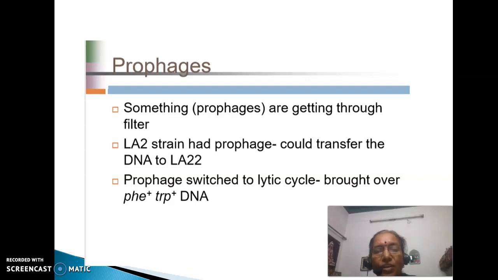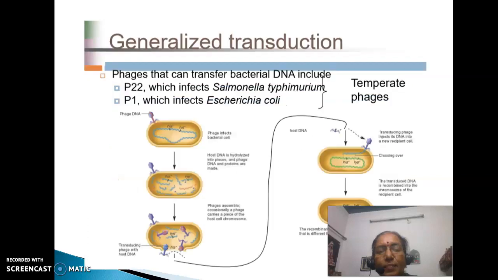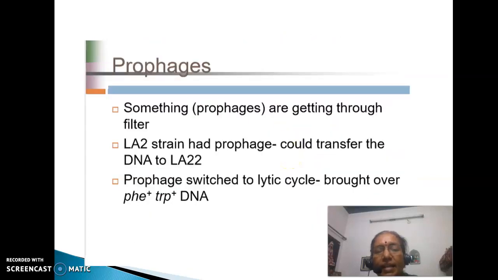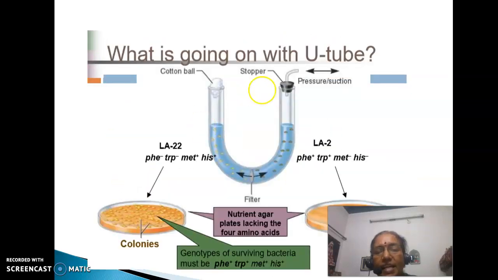So La2 strain, if it is a prophage, when it is converted into a lytic mode, then some of the viral particles will be carrying the bacterial genes, that is the methionine, phenylalanine and tryptophan characters along with them, and they will be injecting into La22 strain.